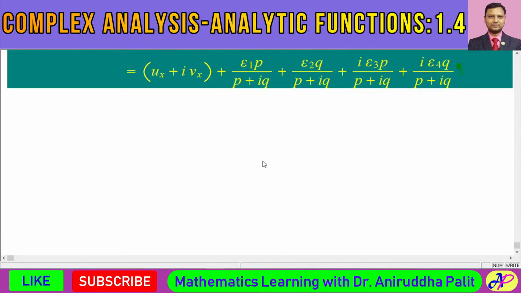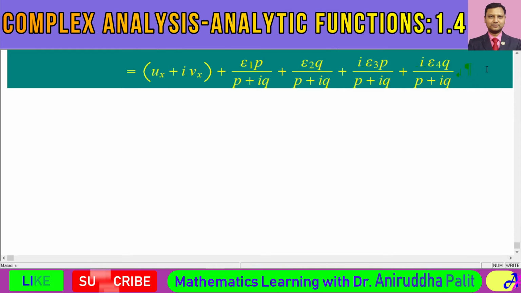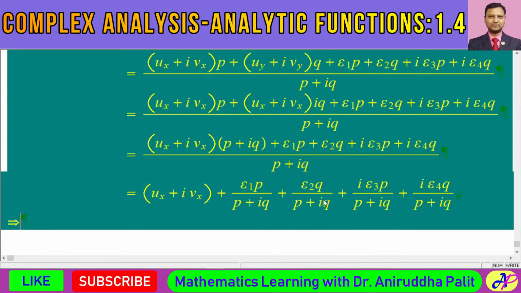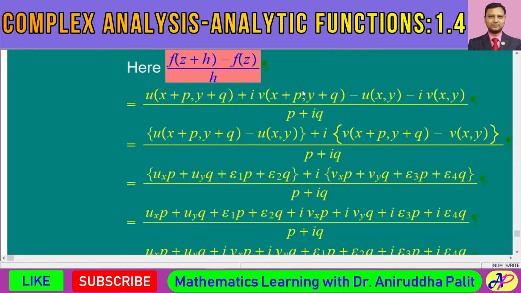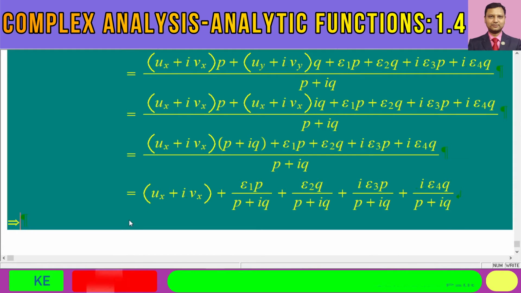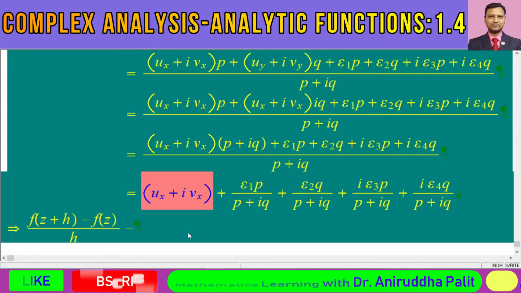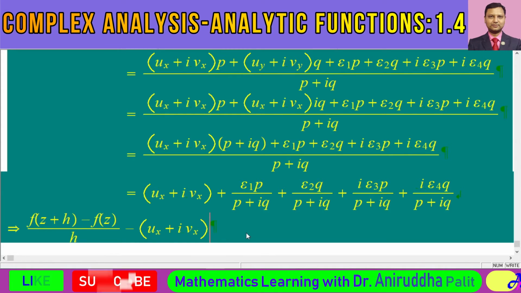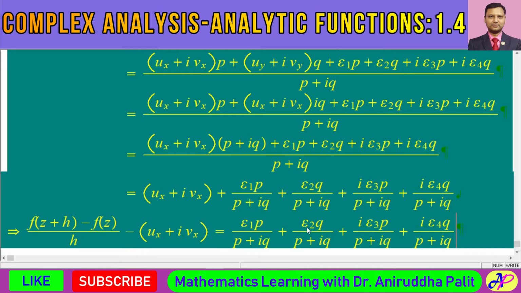Here, now I am trying to shift this expression to the left hand side. What was the left hand side? The left hand side was f of z plus h minus f of z divided by h. This is the left hand side minus this expression, partial derivative ux plus i into vx, that would be equal to this, and these four terms.